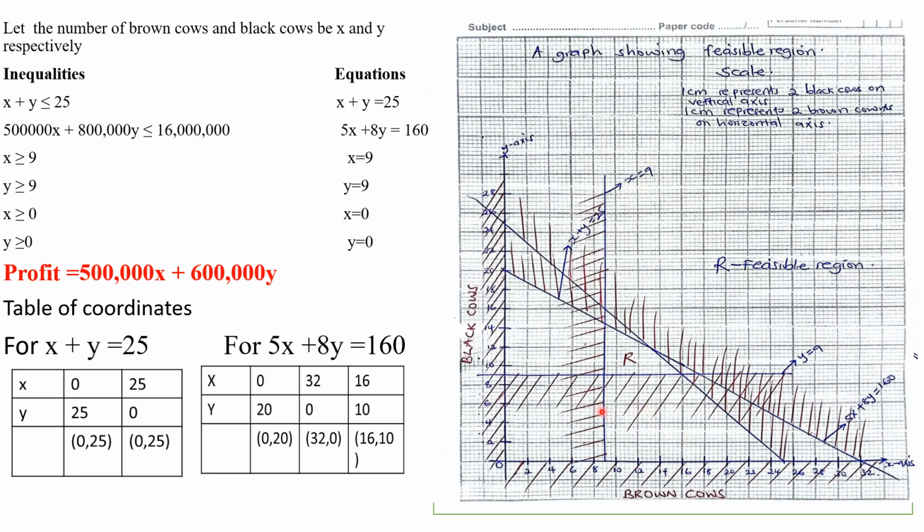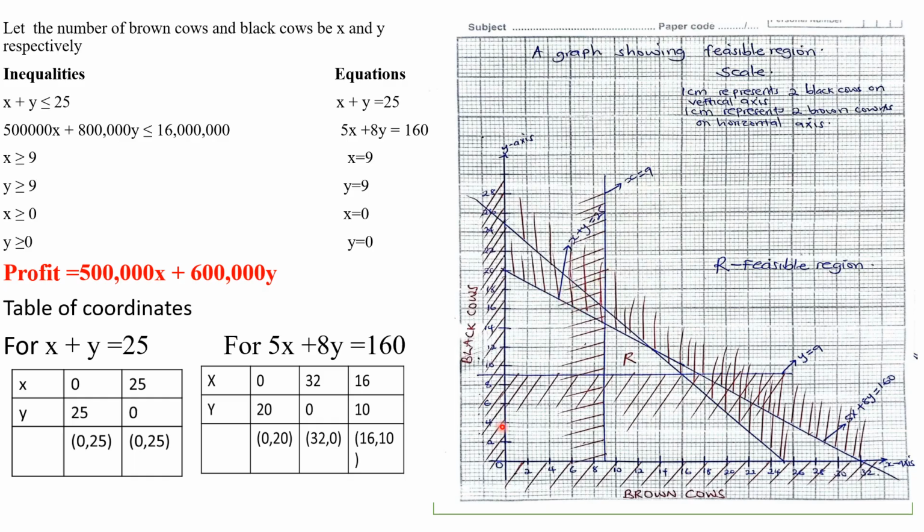So we are going to shade the opposite: the integers which are less than 9 on the x-axis. So I'm going to shade this side, which does not satisfy the inequality, and that's what we call the unwanted region.